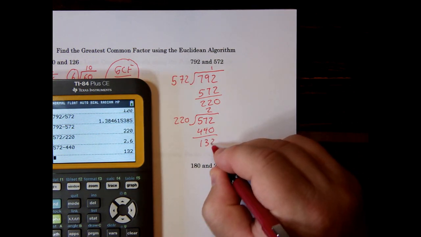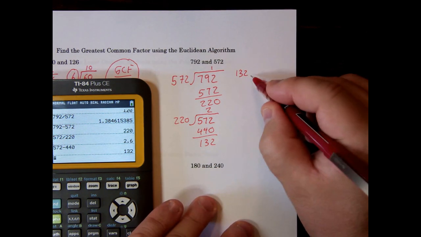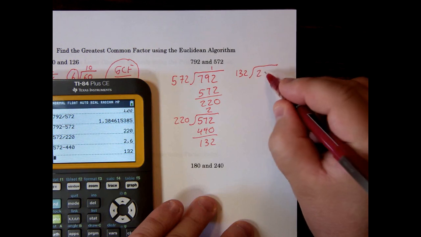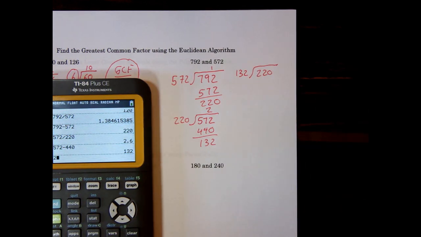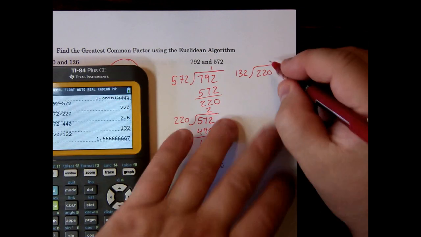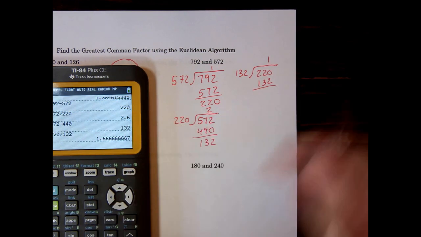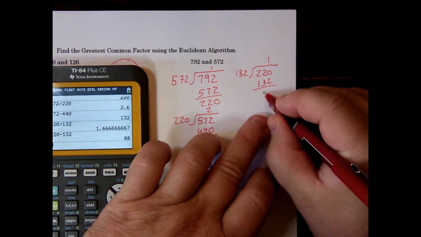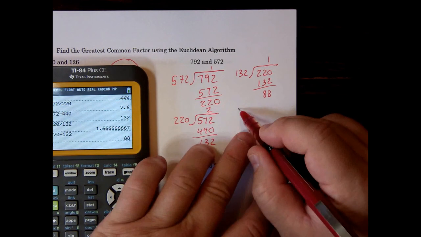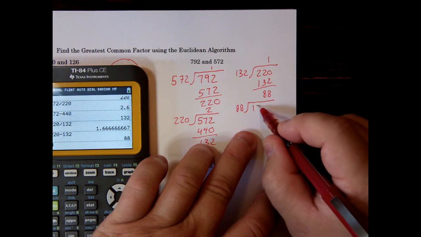So now how many times will 132 go into 220? And I don't think it'll go more than one time, right? So once, so that's 132. Subtract 220 minus 132 is 88. How many times will 88 go into 132?